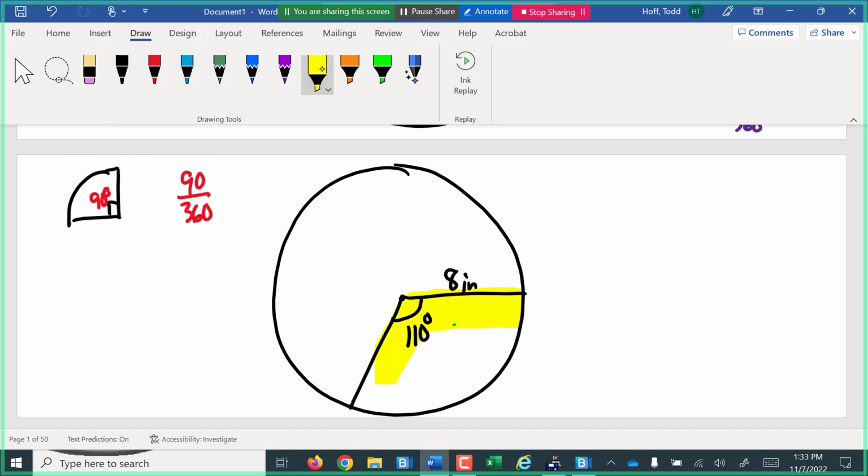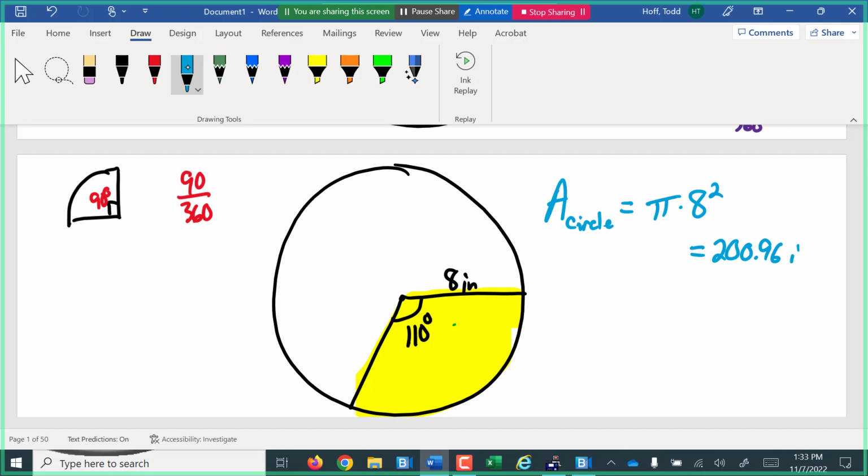To find the area of that sector, we're going to find the area of the whole circle. So the area of the whole circle will be pi times what here? Radius squared. So here that would be 8. Pi times 8 squared is what? 200.96. This helps if I get all my zeros in there. Square inches.